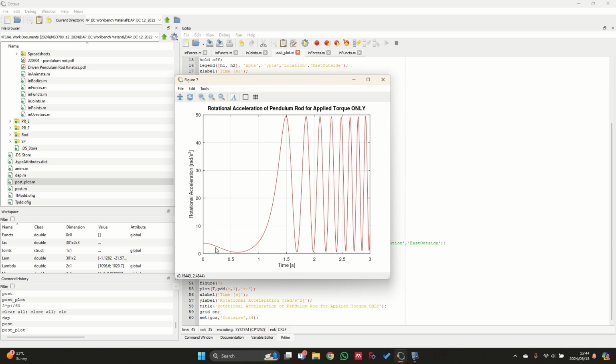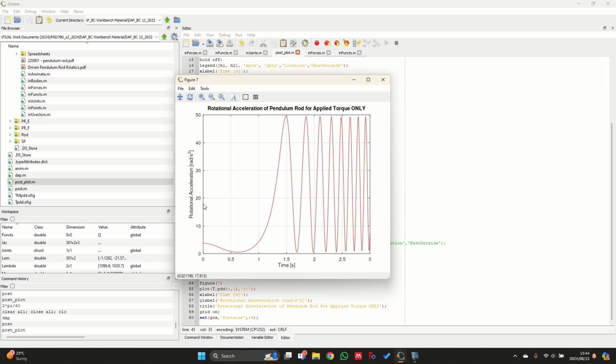In this case, we don't have anything to counteract this torque that I'm applying. So since it's a constant torque being applied, the acceleration will continue to oscillate between two extremes over here. At the bottom about 0.66, and at the top the maximum rotational acceleration is about 50 radians per second squared.